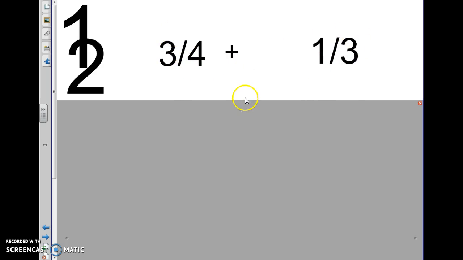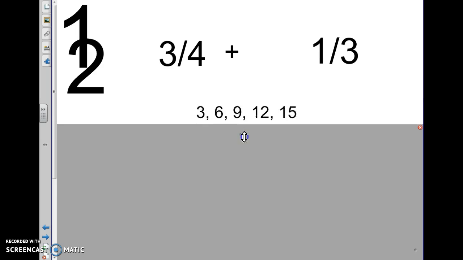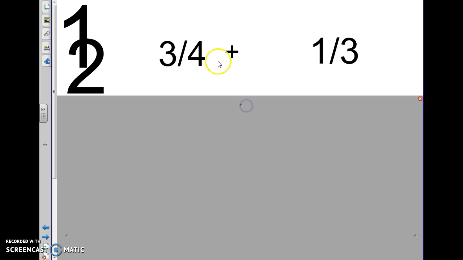So this goes back to our work two nights ago, where we were working on adding unlike fractions. What we've been working on, these strategies, they're all connected. It's all the same kind of stuff. So we're just going to find a common multiple of the denominators, the 4 and the 3, so we can have a common denominator.